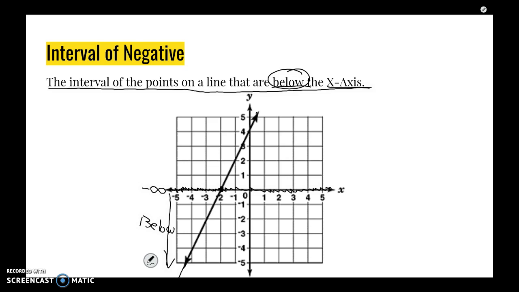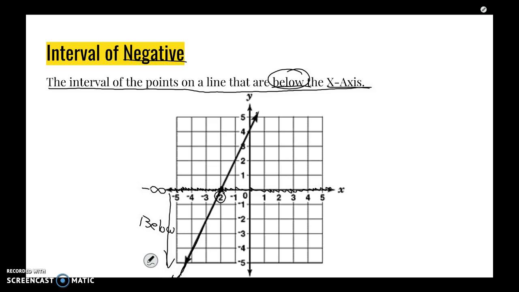Negative infinity. So the furthest we can go to the left is negative infinity, and then the furthest this can continue to go up until it crosses the x-axis is to negative 2. So in this one, everything's going to be underneath, starting at negative infinity, and it's going to come up until it gets all the way up here to negative 2. And then at negative 2, it changes from being negative to positive.